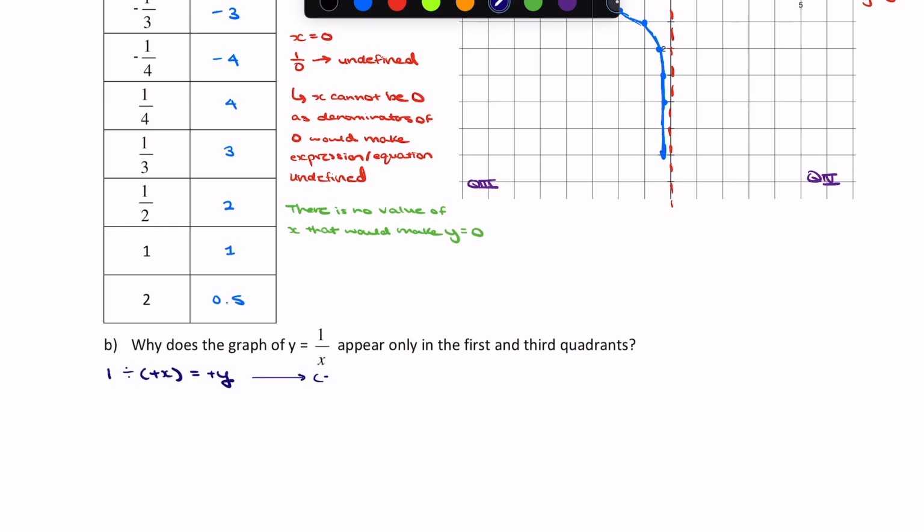So positive x, positive y means it will appear in quadrant 1. Same thing, if we take 1 divided by a negative x value, each time it gives us a negative y value. So negative x, negative y will always appear in quadrant 3.